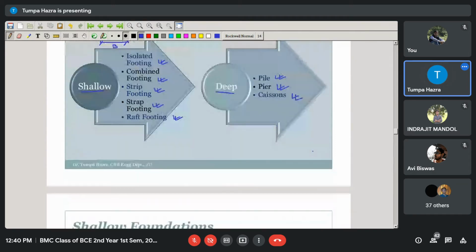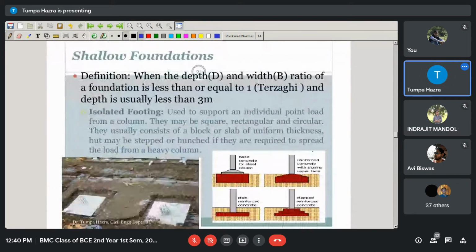Now, what are shallow foundations? As already I have told you, whenever the depth and breadth ratio is within 1, then it is known as shallow foundation.